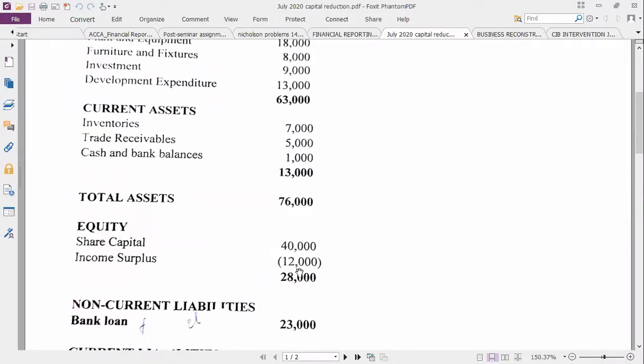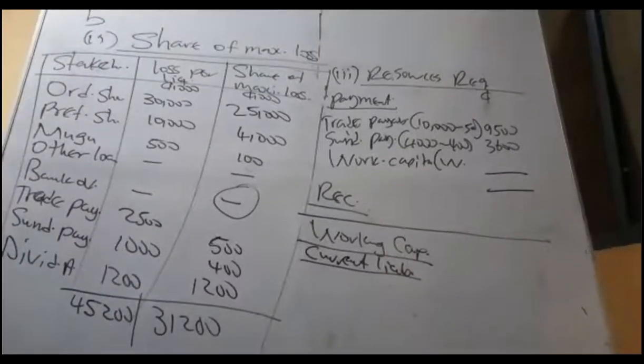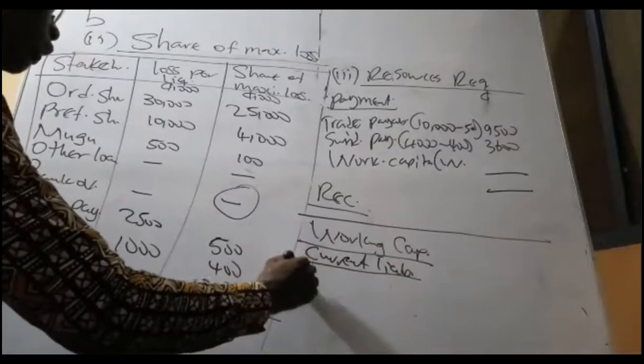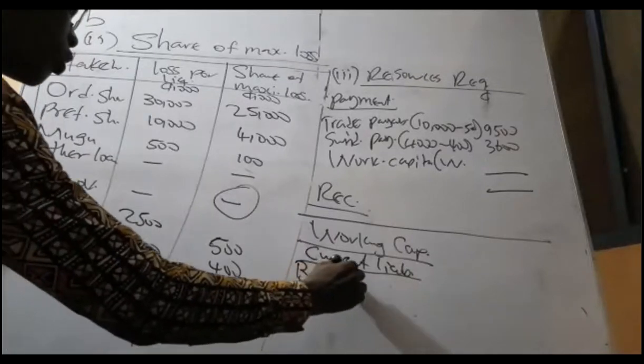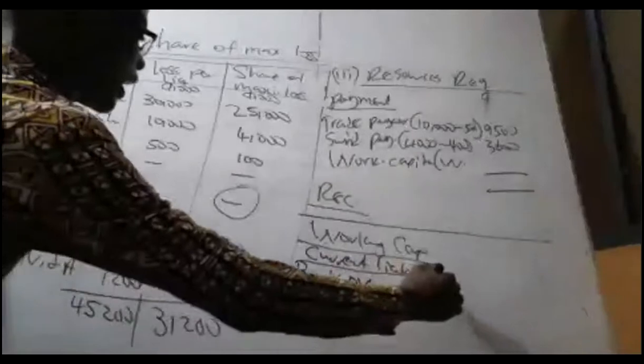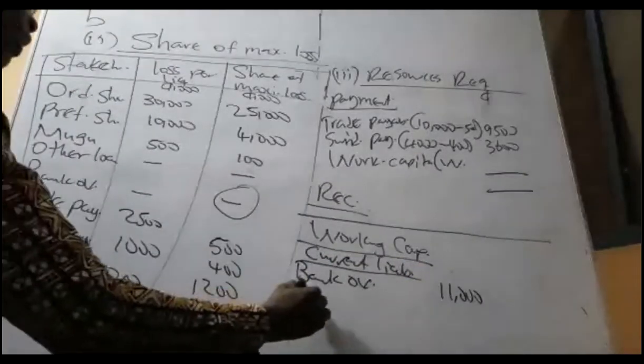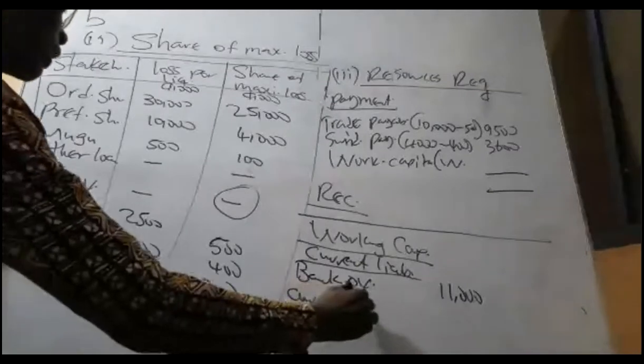Good. The bank overdraft is 11,000. Perfect. So that's the only current liability left. So the total current liability will be the bank overdraft of 11,000. You write it. Then you come to the current assets.